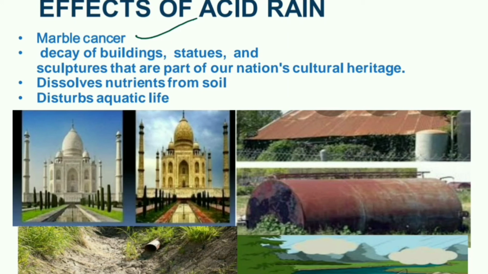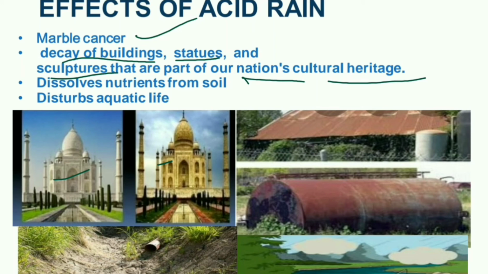The yellowing of the Taj Mahal is one of the major effects of acid rain, which is caused by the industries present near the Taj. It also causes the decay of buildings, statues and sculptures which are part of a nation's cultural heritage.